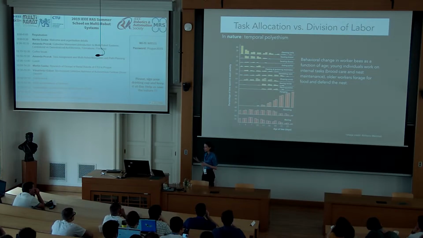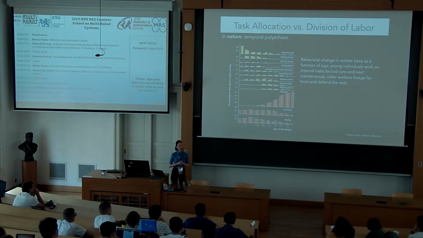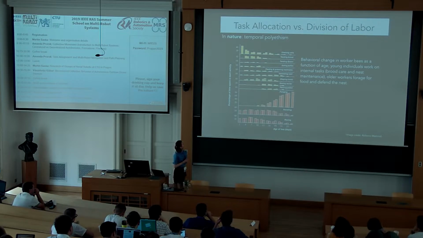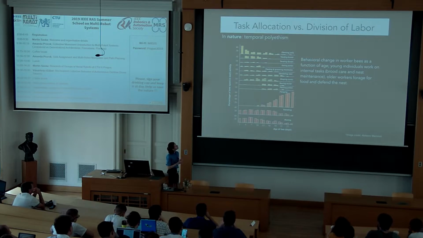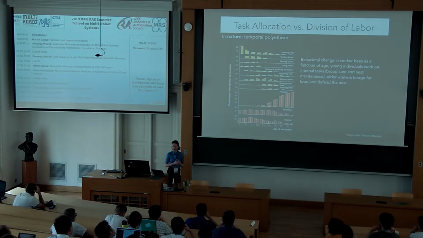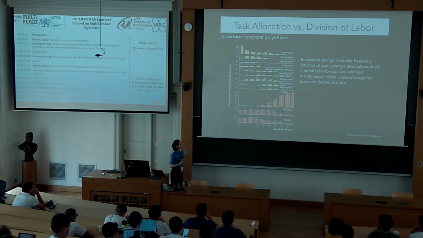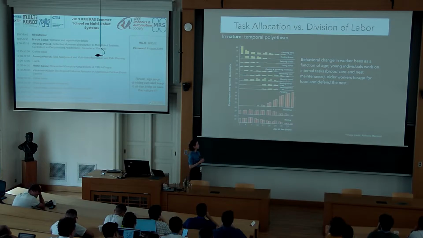So in another species here, some biologists found out that there's this concept called temporal polyethism, where they saw that younger bees were involved in tasks such as cleaning, tending to the brood, tending to the queen, eating pollen, etc. And as the bees grew to become more mature members of these bee swarms, they started doing more important things such as patrolling and also resting.